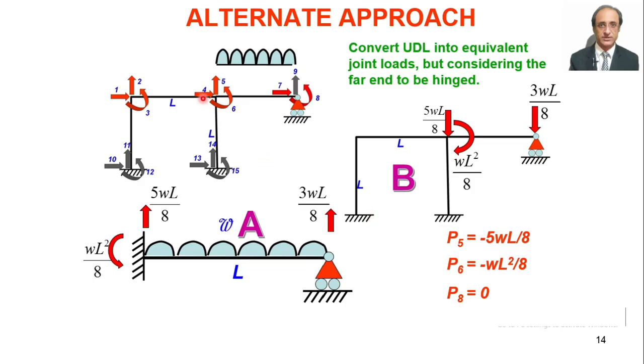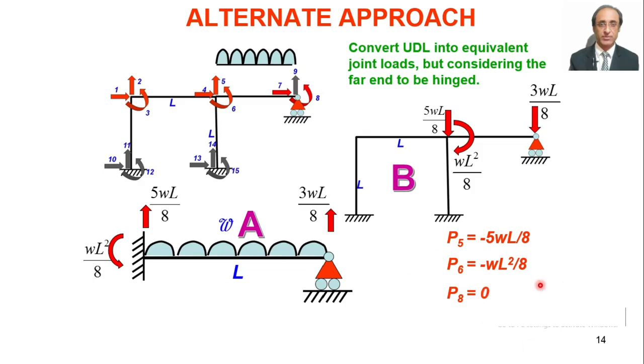So along P5 we will be applying minus 5 WL by 8, that is opposite of the fixed ended forces. Along P6 it will be minus WL square by 8, which is also opposite of the fixed ended forces, and along P8 we would be applying just 0.